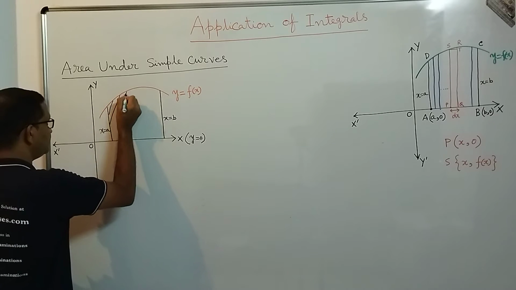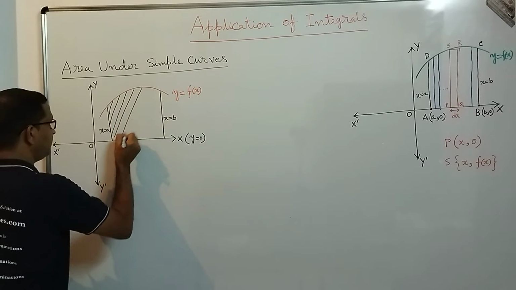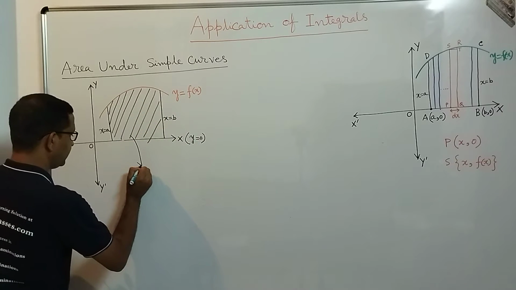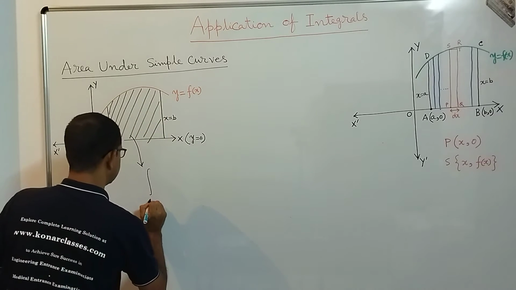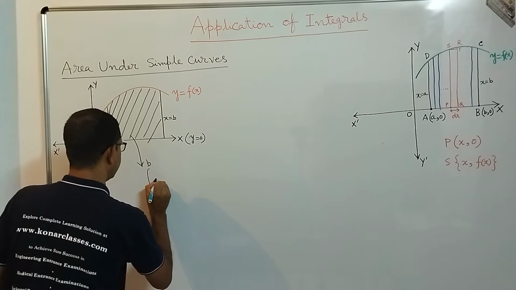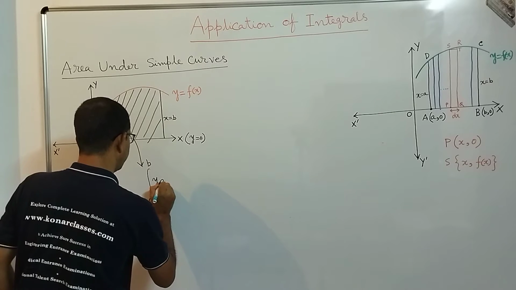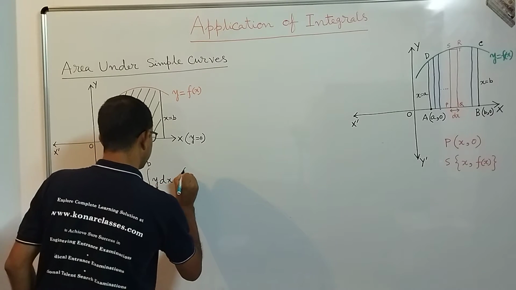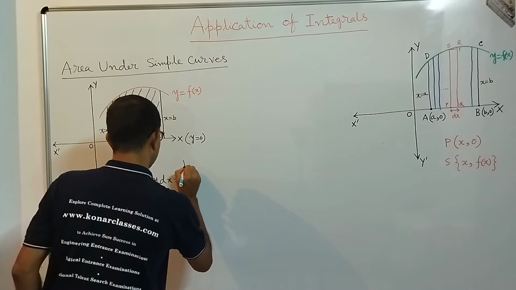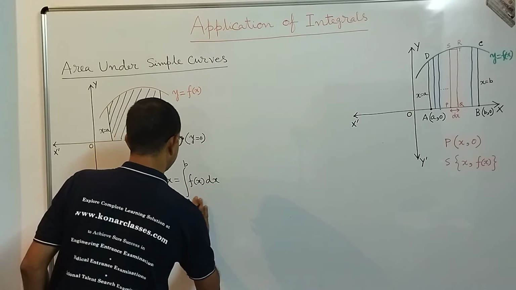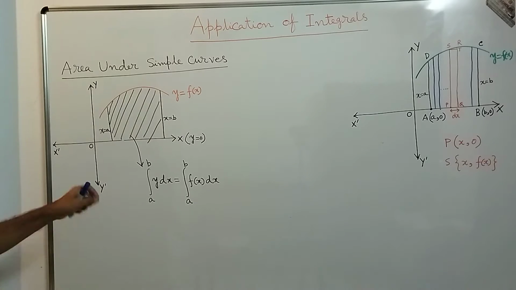The area of this region, dear students, will be the integration from a to b of y dx, where y is nothing but f(x). So we write the integral from a to b of f(x) dx. Correct, dear students? So this is one case.